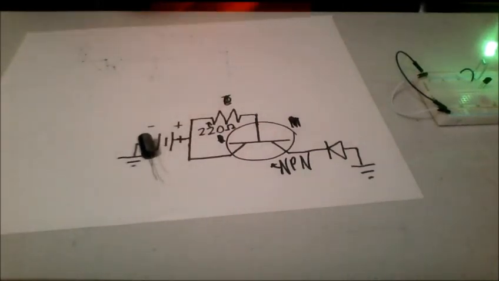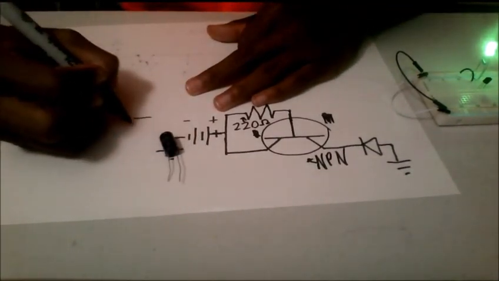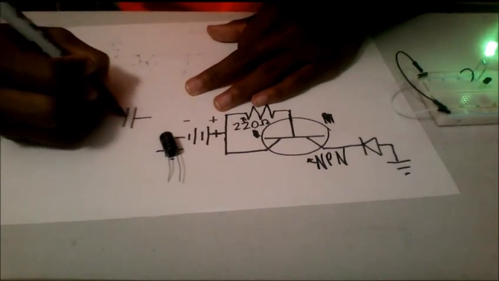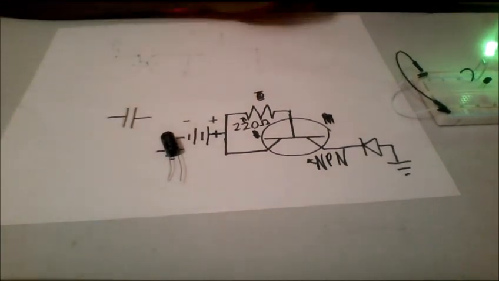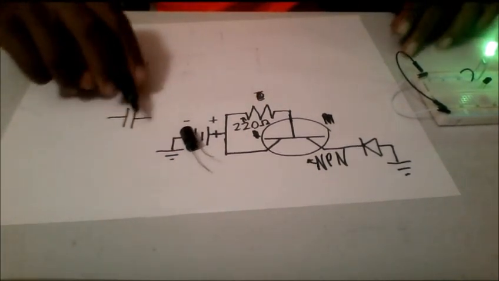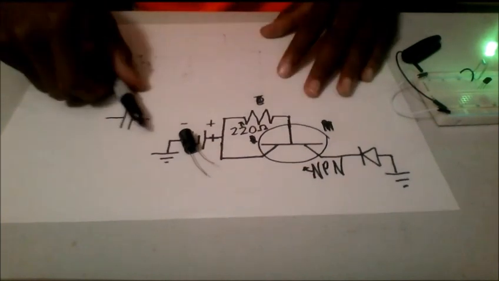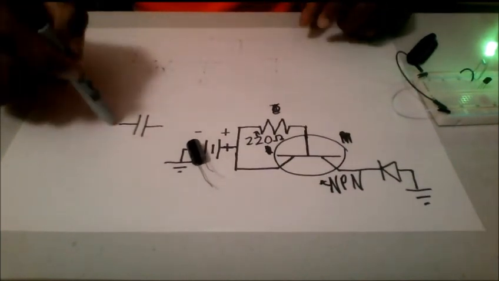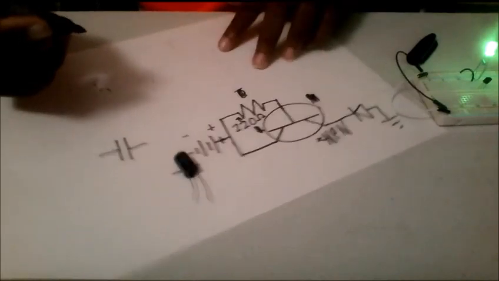To diagram a capacitor, it will look like this. If you looked at my previous video, I explained how a capacitor is just two plates right next to each other. Well, that is shown in the circuit diagram. So this is capacitor.